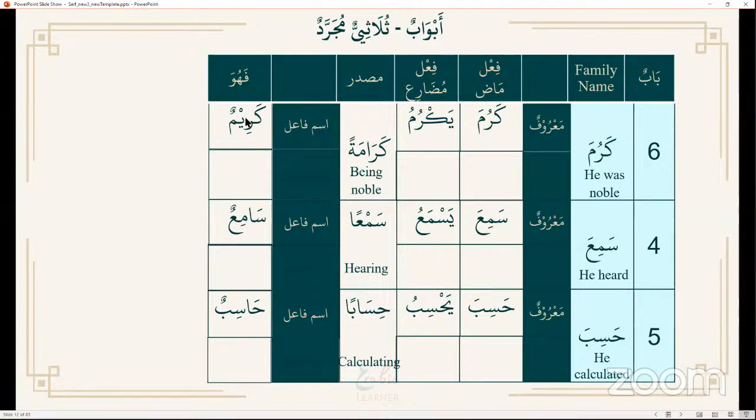So for him, it is different also. Karuma yakrumu karamatan fahuwa karimun, sami'a yasma'u sam'an fahuwa sami'un, hasiba yahsibu hisaban fahuwa hasibun.